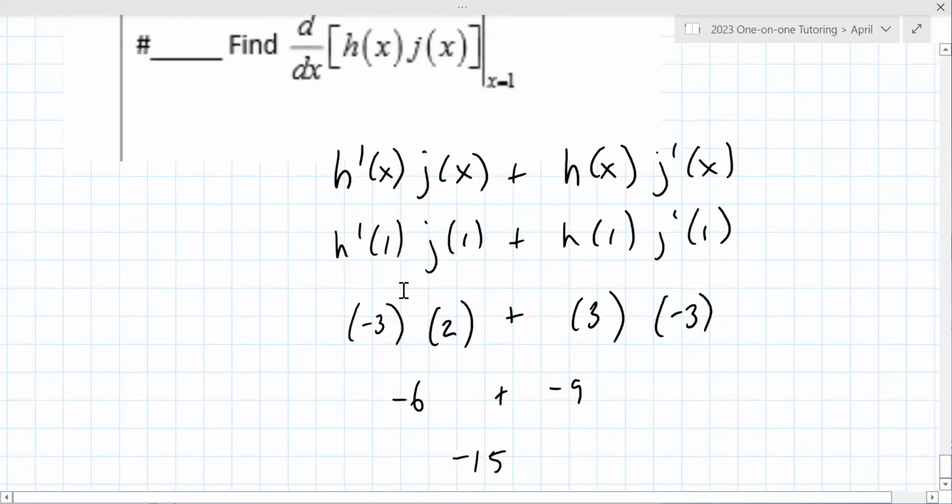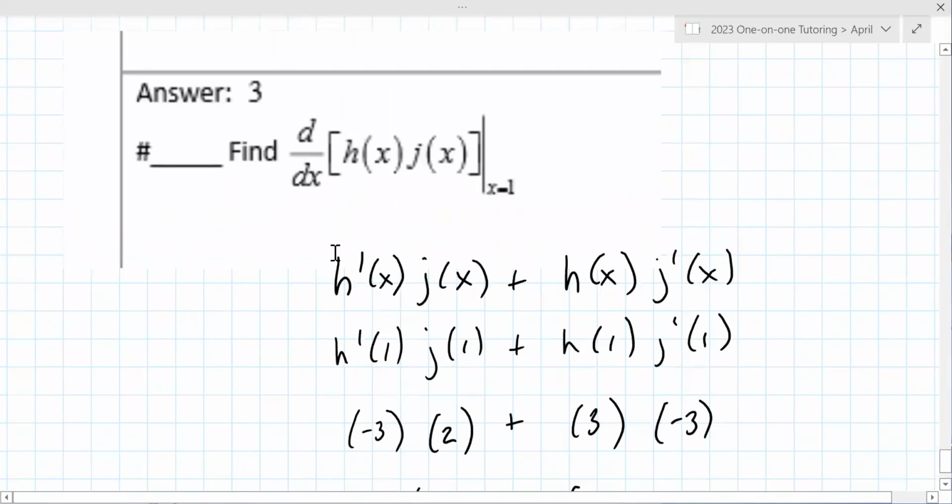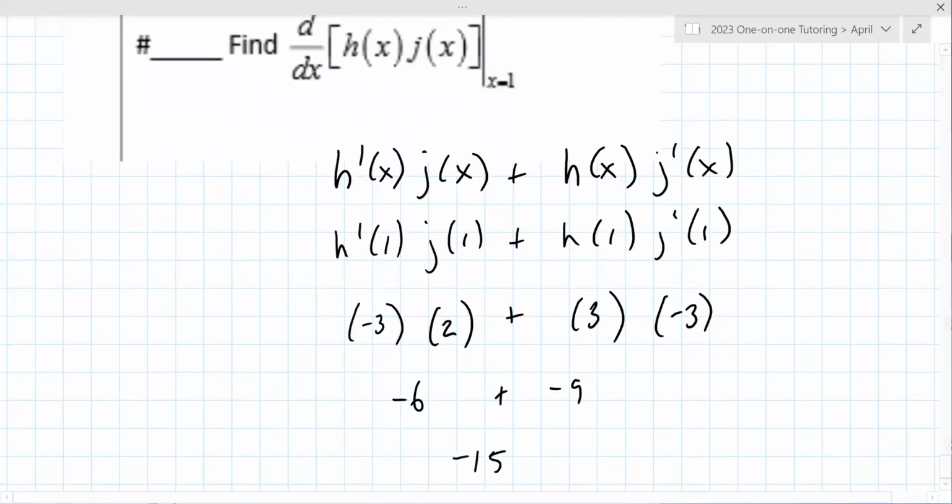What do you see? Because I'm not seeing it right now. H prime of 1 is, did I get the slope right? Down 3, right 1.